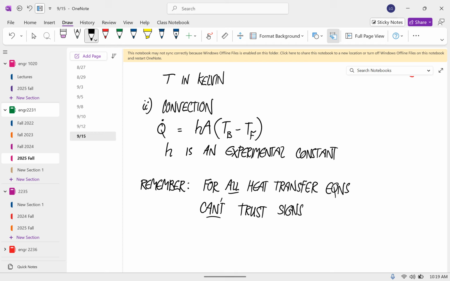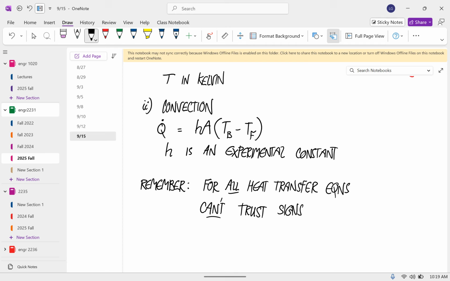That's different than, for example, the work of expansion. When you calculate the work of expansion, then that's just absolutely ready right there to plug into the first law of thermodynamics. But with this, you have to think about the direction of the energy transfer.